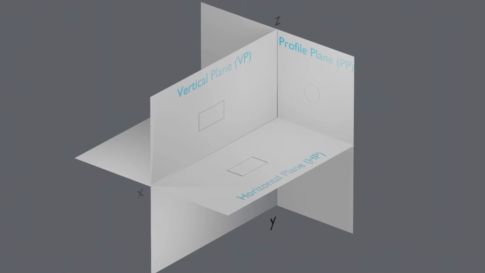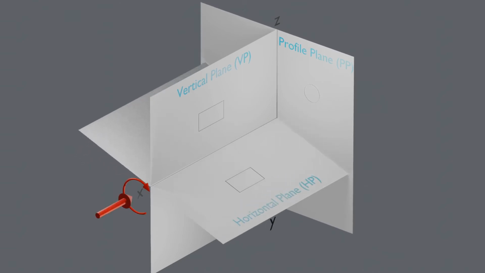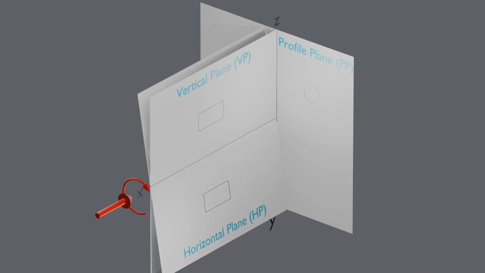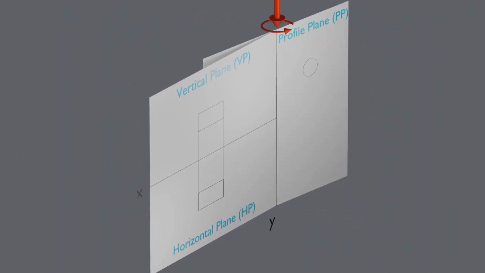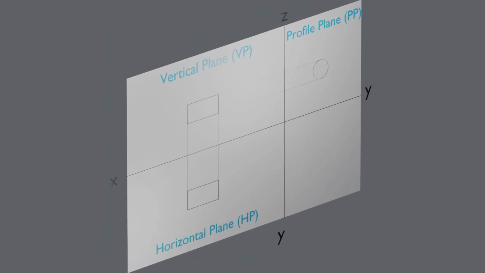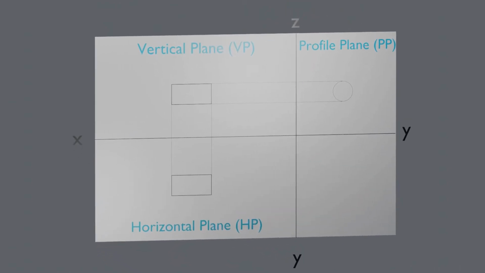For that, rotate the horizontal plane clockwise as mentioned in the previous video. Then rotate the profile plane anti-clockwise. When viewed from the front, we have the top view, front view and the side view of the given cylinder with its given position. Now let's draw the projection on a drawing sheet.